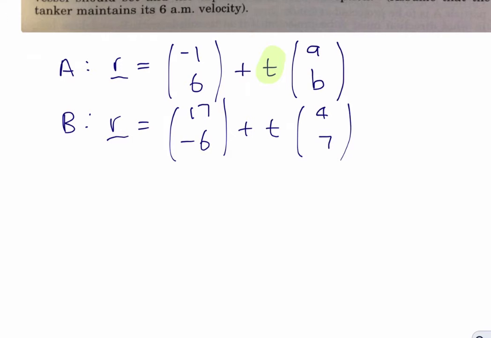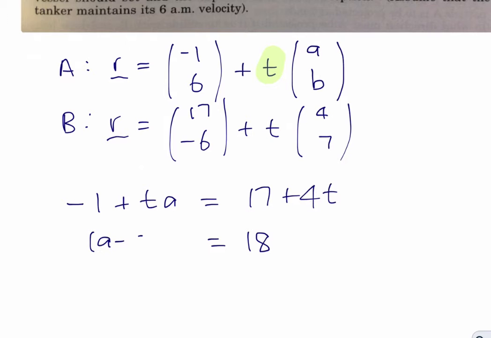Okay, so like the other questions, in order for this Coast Guard vessel to intercept, that means the x values must be the same. So that's me just putting the x values the same in both equations. So if I can rearrange this now, let's put the 18 over here, and on the other side we've got tA minus 4t. So it's just A minus 4 lots of t. Okay, just check that that's right.